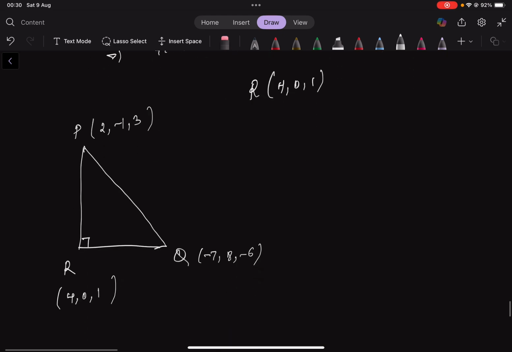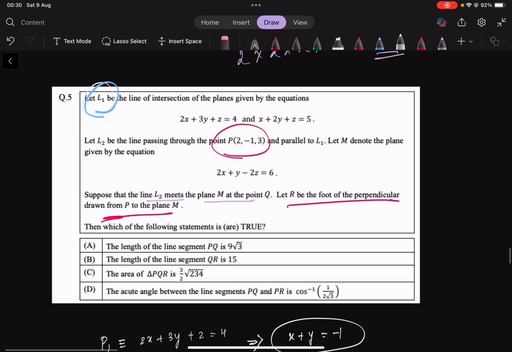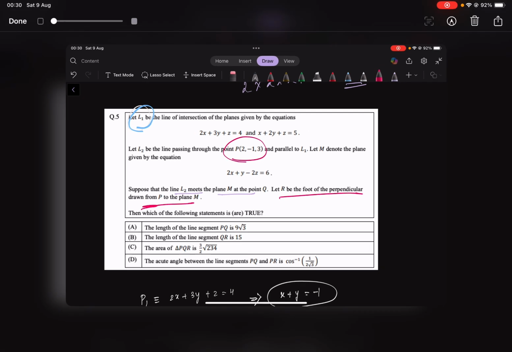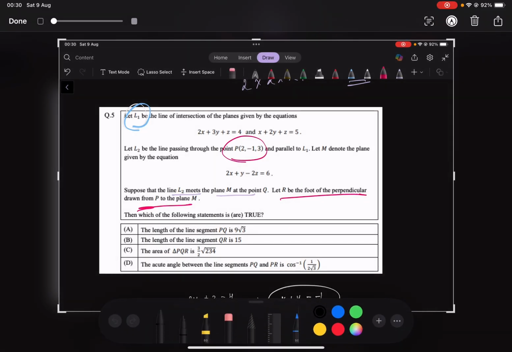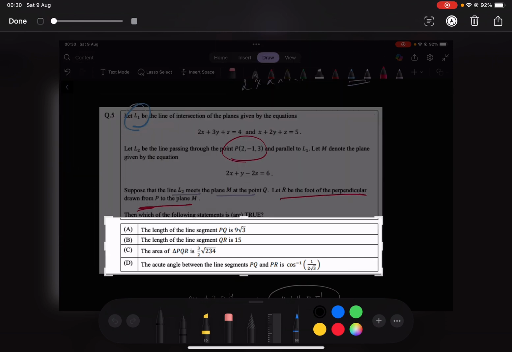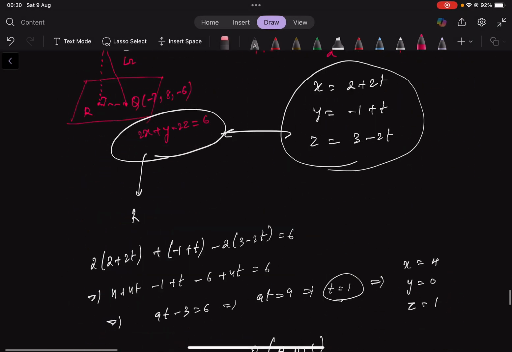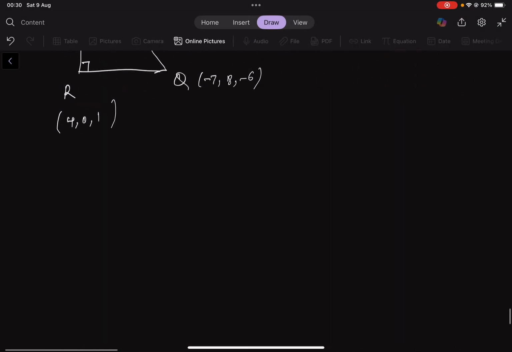So from this, we need to find PQ, QR, and we also need to find the angle. Let me take these options so that we can use them here.